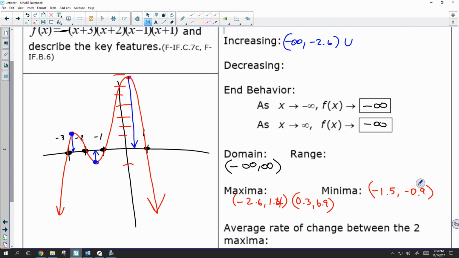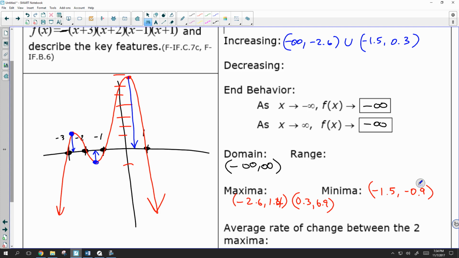Then it's going to start going up again at the minimum, at -1.5. So the graph goes up until the maximum. The maximum is at 0.3. So notice we're only using x values. And the decreasing part is the part where the graph goes down, and there's actually two chunks where it goes down.